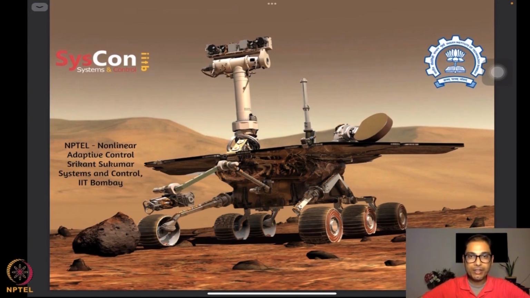So we have in our background our usual motivating image, which is essentially a rover on Mars. And these sort of vehicles are driven autonomously because it's not usually possible to have humans controlling the equipment at all times on these extraterrestrial locations.